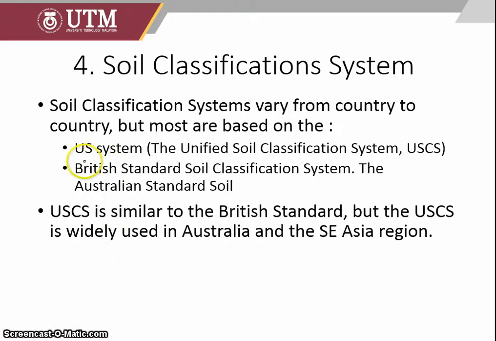We have the US system, usually USCS and also AASHTO. And similar to USCS, we have the British Standard soil classification system. We also have an Australian standard, but usually in our place we refer to either the US or BS.